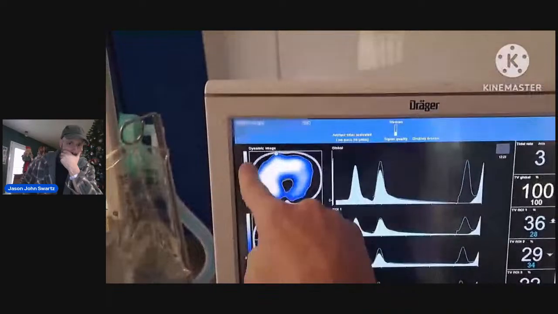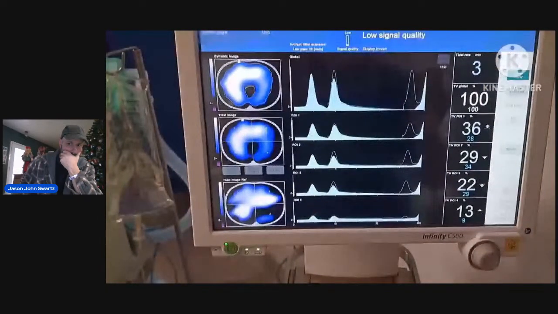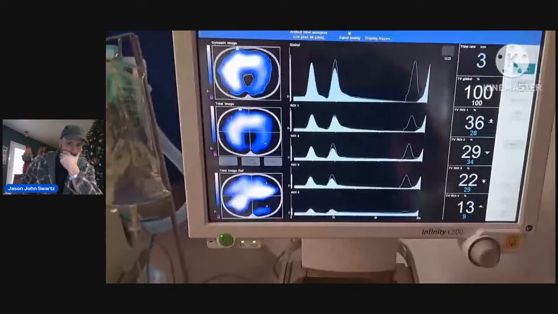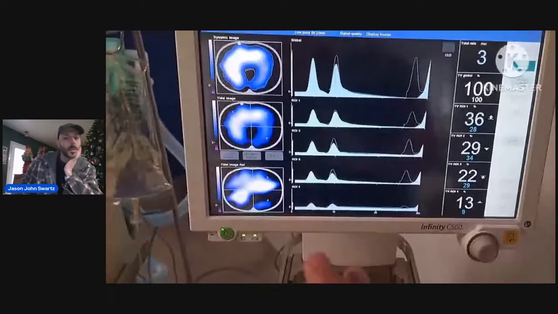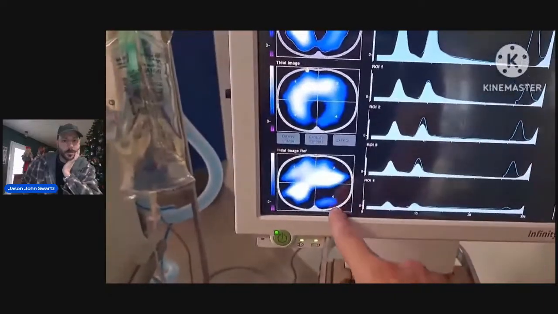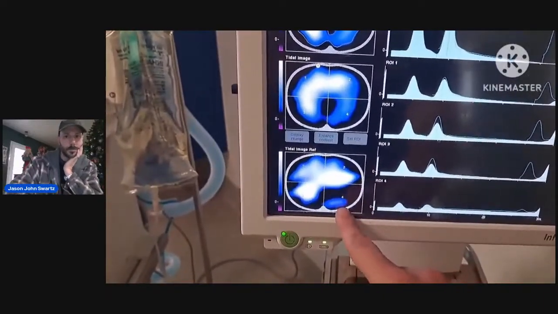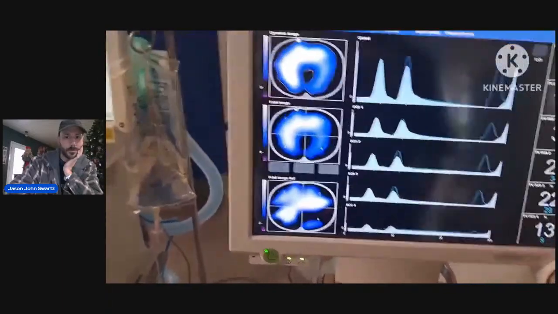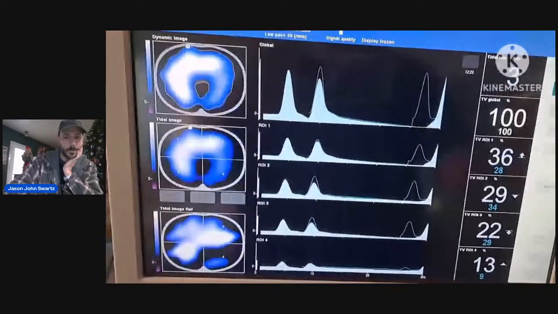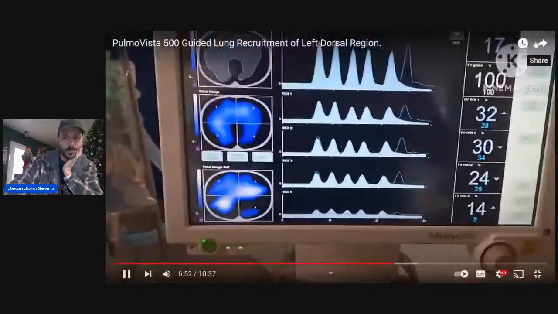There's more distribution on the right side and the ventral. I'm going to do a PEEP study right now again to see if maybe 8 is normal. But either way, we've done some good stuff here. The bottom left that had poor distribution at 9% is now increasing to 13%. So I'm going to unfreeze it.